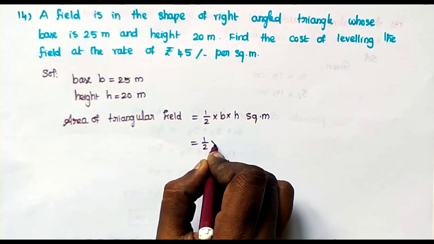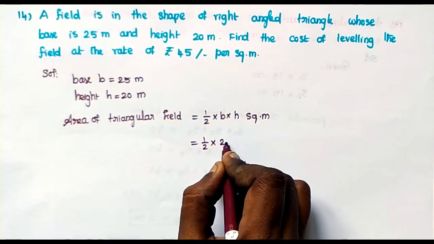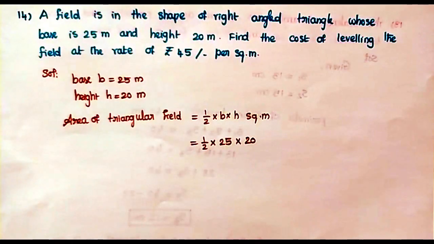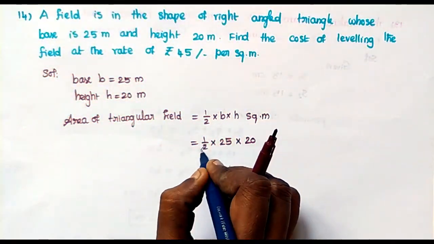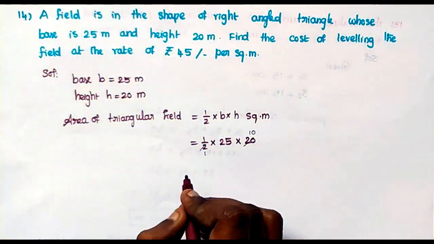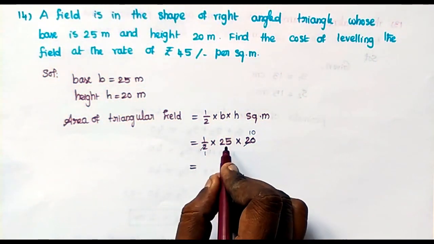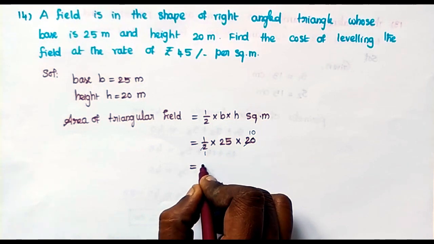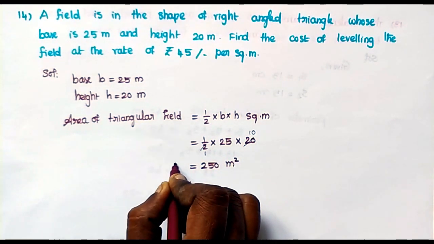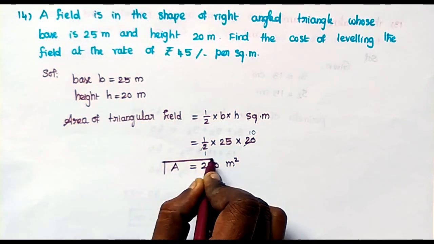Area of triangular field is equal to half into B into H square meter. 1 by 2 into what is B? That is 25 into H 20. Now cancel these numbers, means 2 1 is 2, 20, 10 2s are 20. Multiply the remaining numbers, we will get 250 meter square. That is the area of the field.